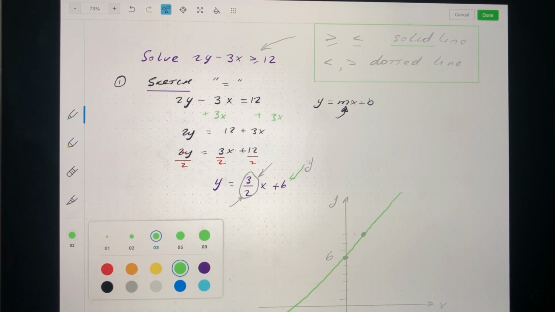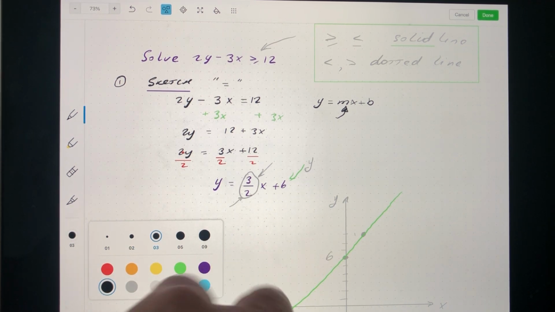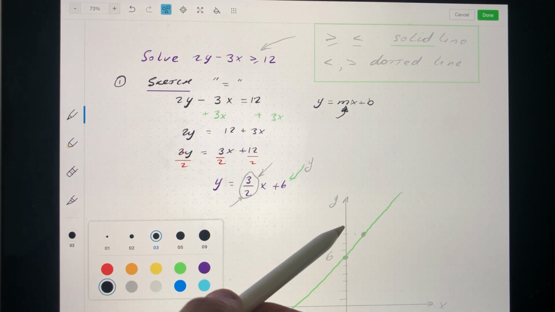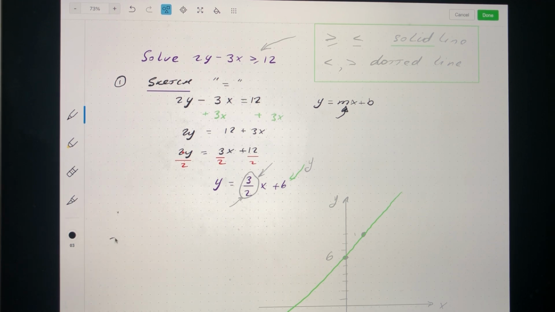So here is the end of the first step. The second step is, now we have two sides, above the line and below the line. We have to decide which one of these is the solution. To do this, we need a test point. Test a point not on the line, and that is key. If the line goes through the point, we cannot use it, because it's sort of on the fence.